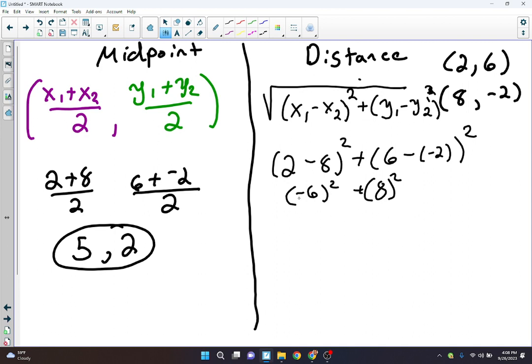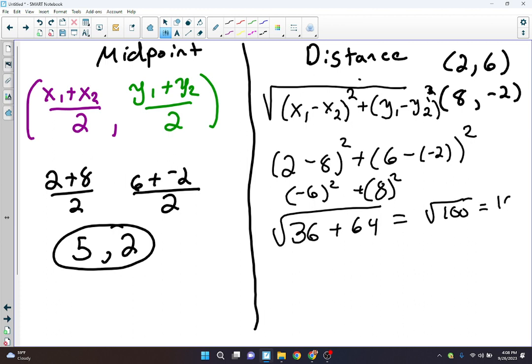It doesn't matter whether you get negative or positive, because of the squares. It's 36 plus 64, which is a nice 100, and the square root of 100 is a clean 10, so make sure you write it down. If it's not a clean square root, you don't have to reduce it.